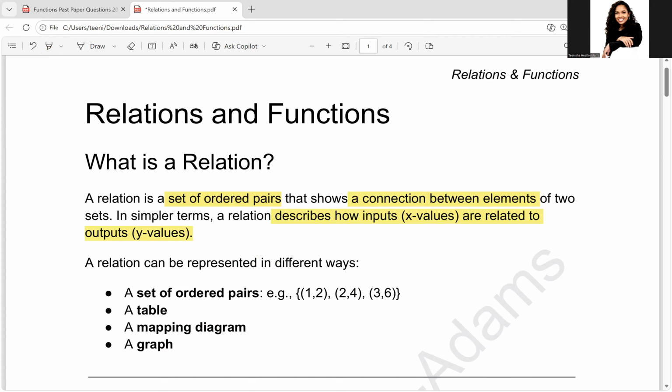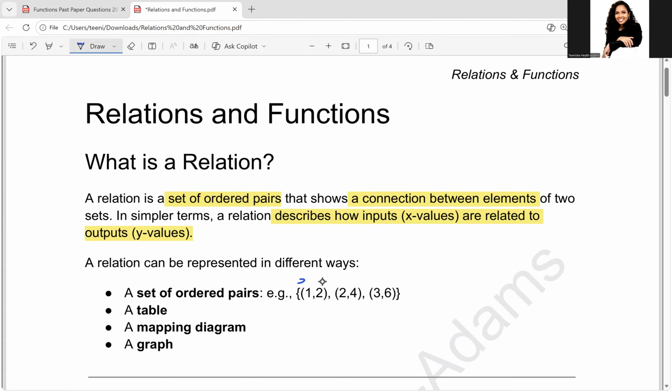If we're looking at the set of ordered pairs here, can you spot a relationship between the x and y coordinates? The first one is (1, 2), the second one is (2, 4), and the third one is (3, 6). Anything? Can you spot a connection? Each of these is a coordinate, right?